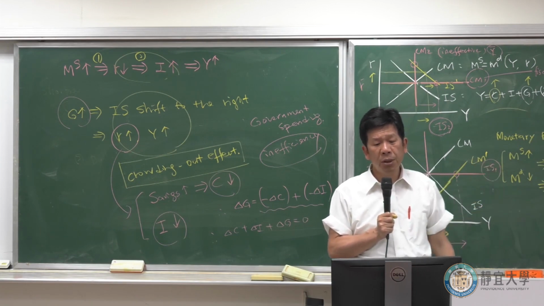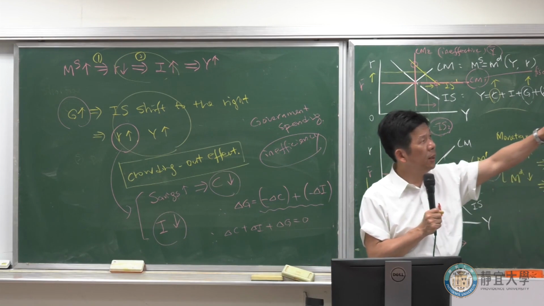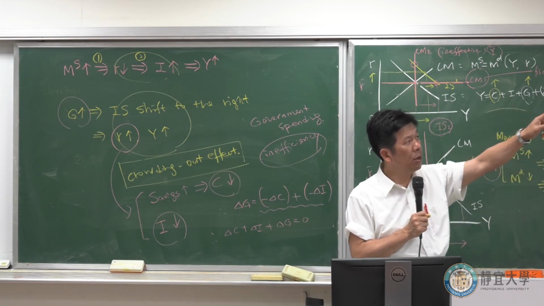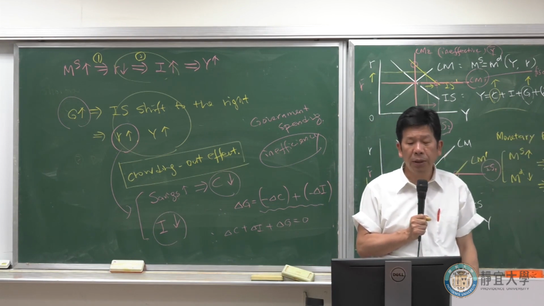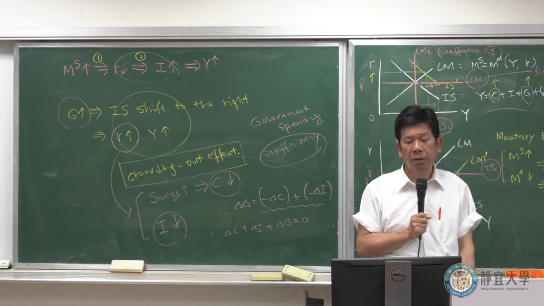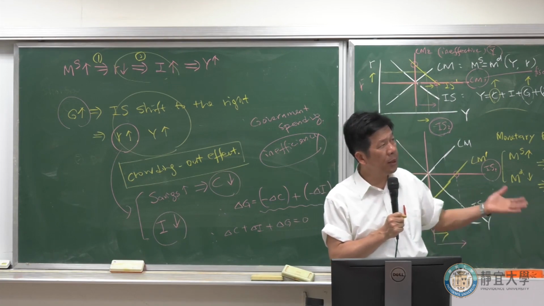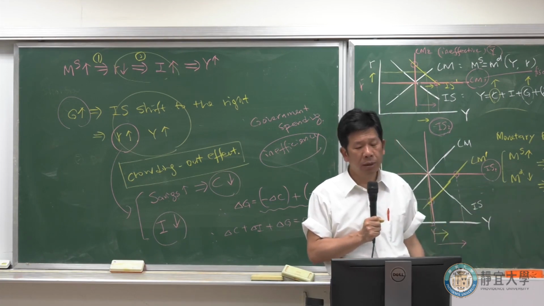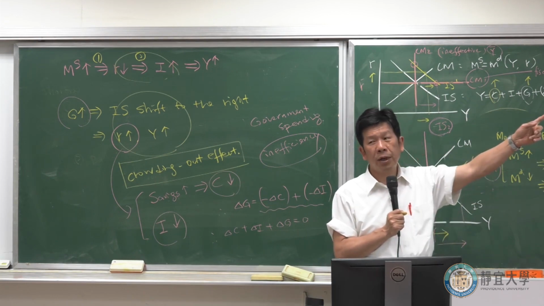In the definition, G is a part of the A, and T is a part of the period. Actually, this can have some effect. So here you can let the government spending increase or the tax decrease, and then the IS curve shifts to the right hand side.